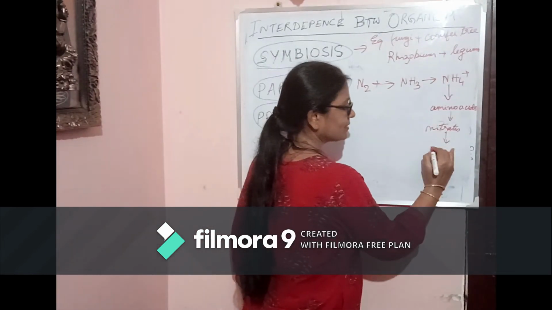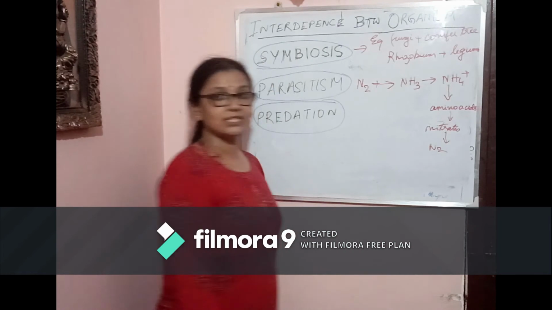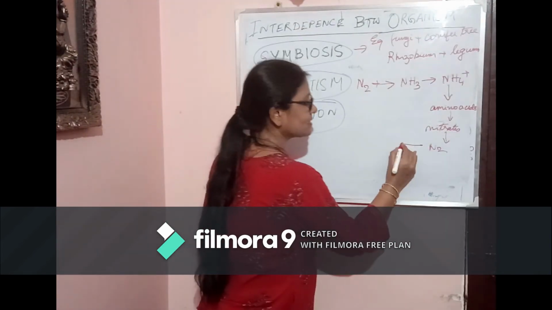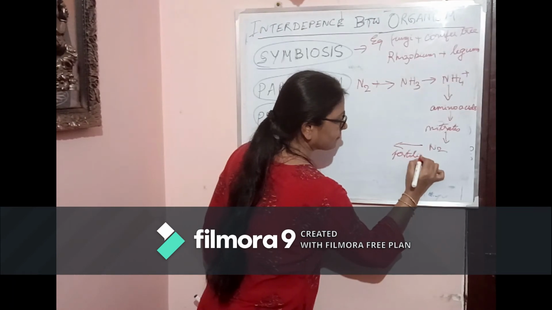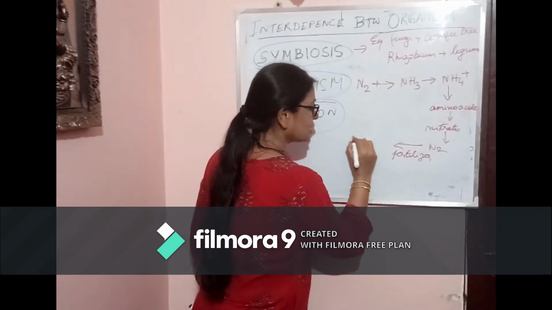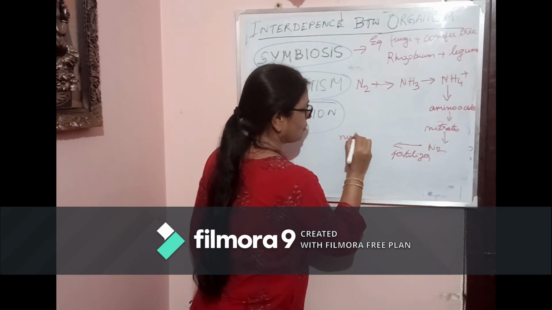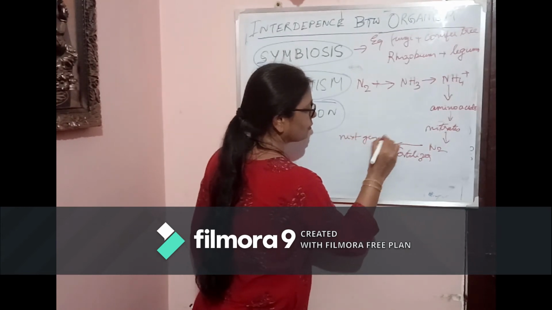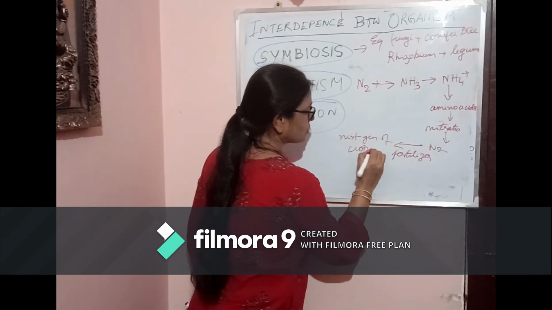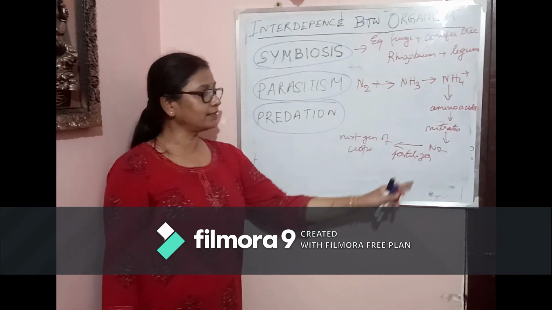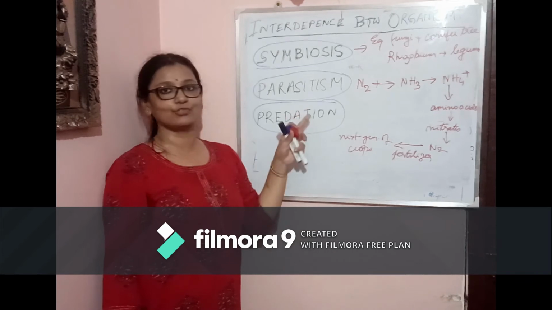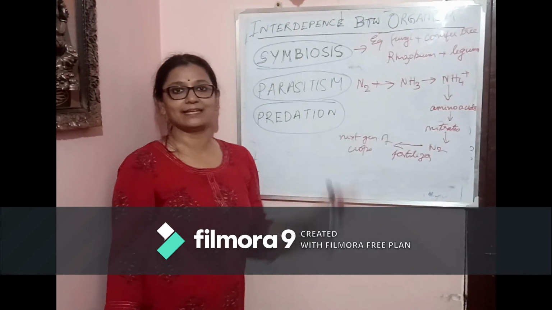These nitrates release nitrogen, which acts as a fertilizer to the next generation of crops. So see, this nitrogen which was absorbed from the atmosphere returns to the soil, and again it is consumed by the plants, and again this cycle goes on.